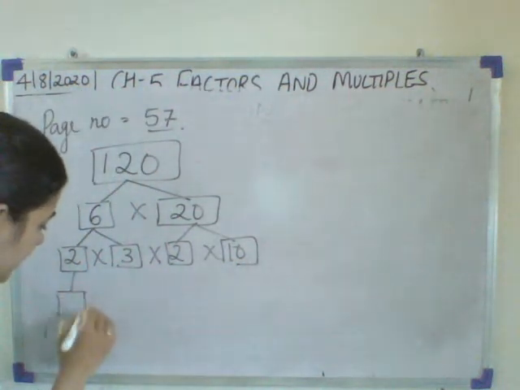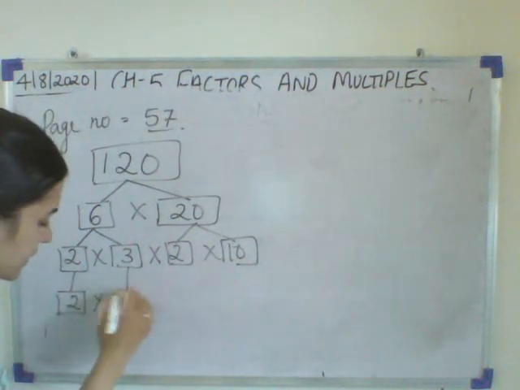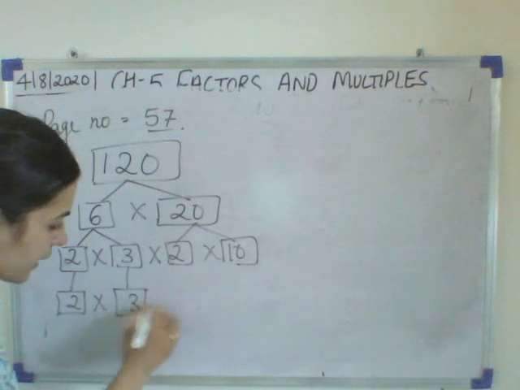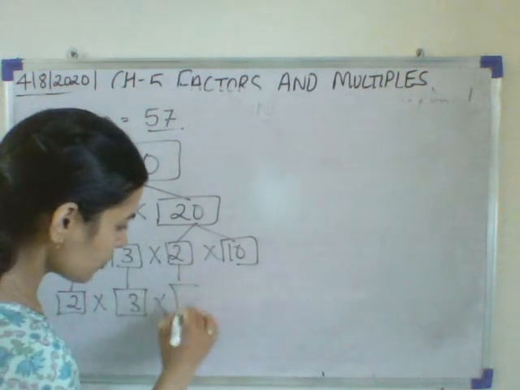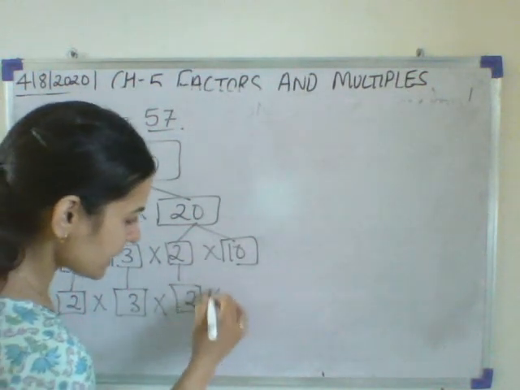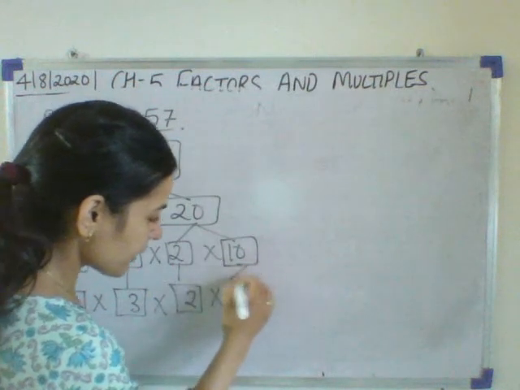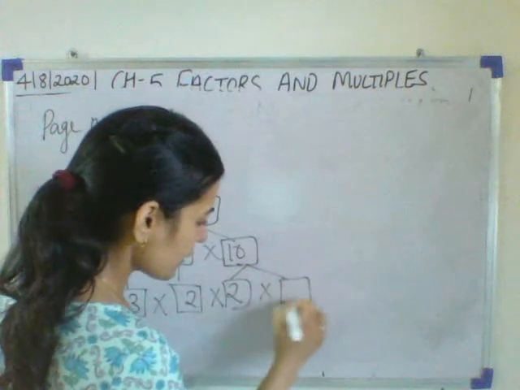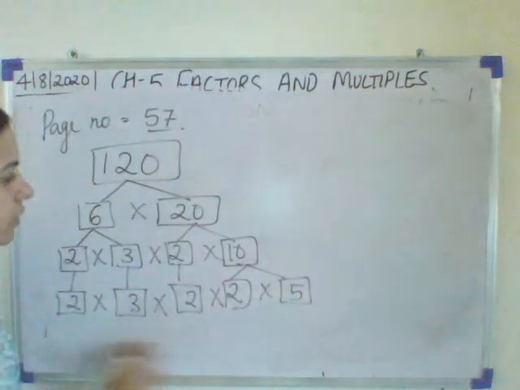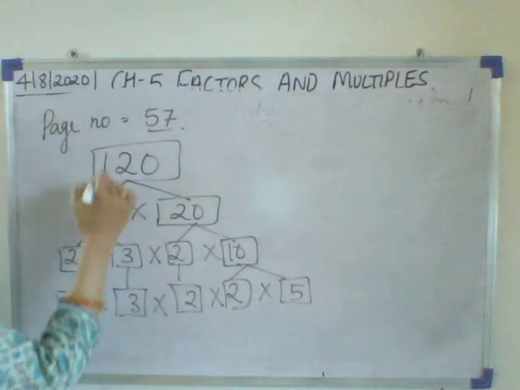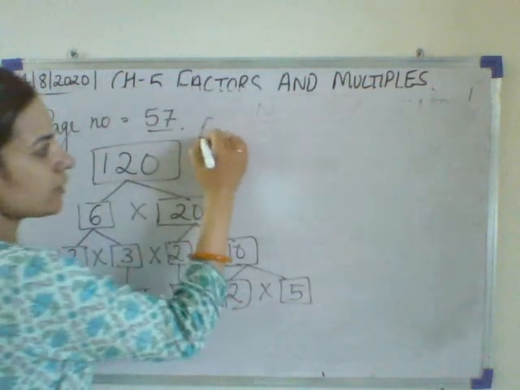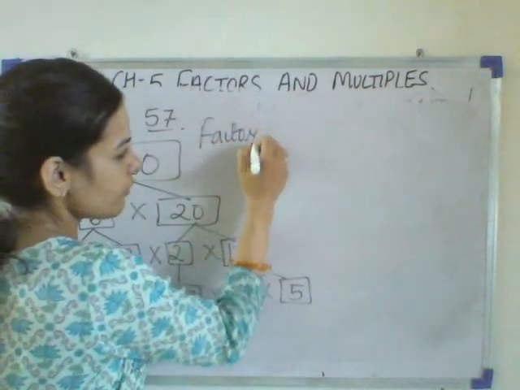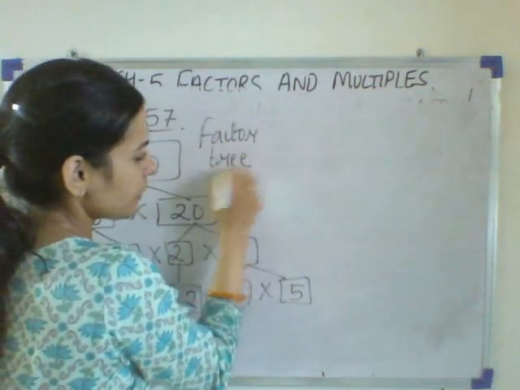Again I cannot split the 2, so I am writing it as it is. 3 I cannot split, I am writing it as it is. 2 I am writing as it is. 10 I can split, that is 2 multiplied by 5 is 10. So I have done the prime factorization by this factor tree method.